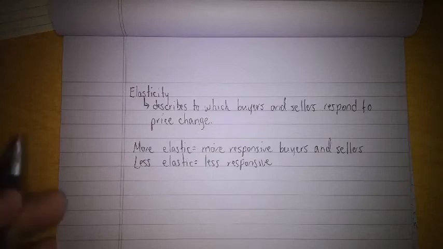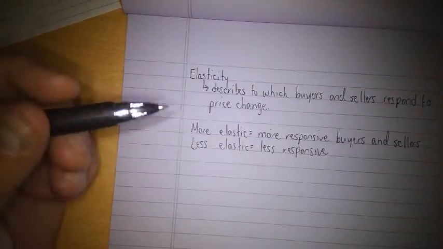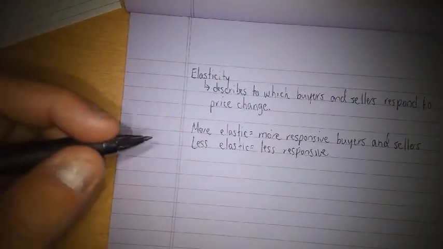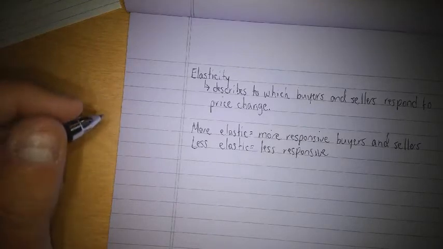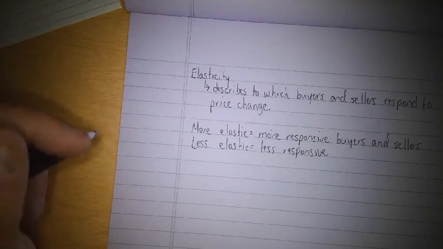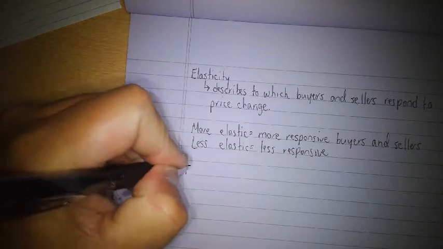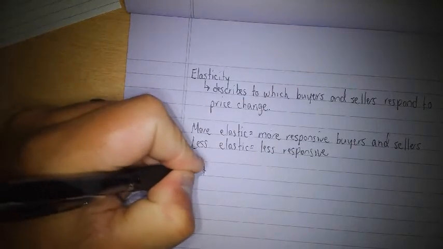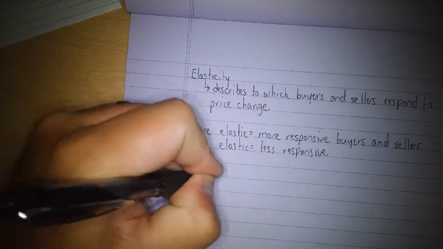Okay? So, in my notes, I'll put down that demand is typical for goods and services that are luxuries and have good substitutes. So that would be elastic. Okay? I would put down the word elastic for demand.